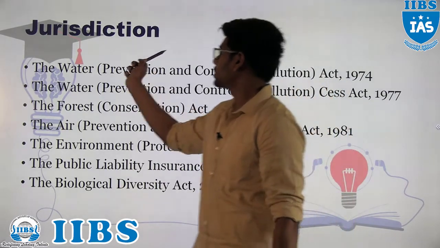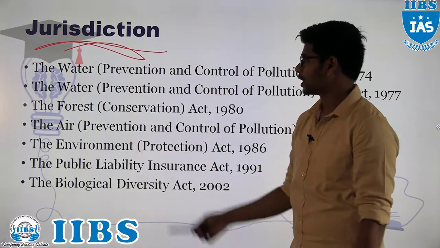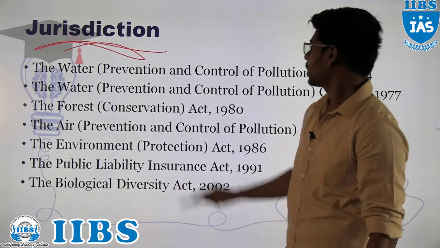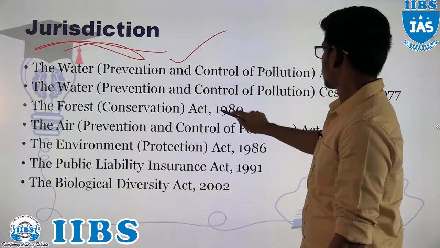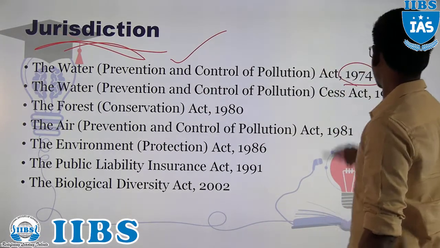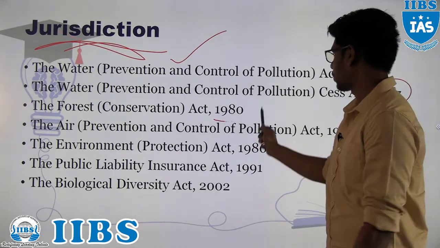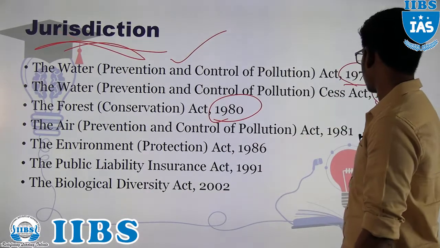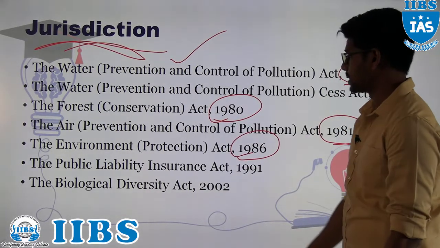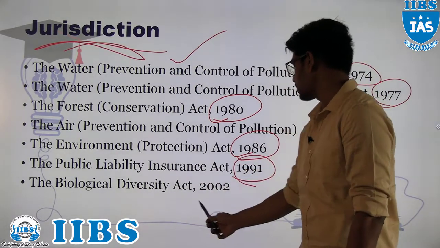Next one, what is the jurisdiction of NGT? When you are talking about the jurisdiction of NGT, there are about 7 laws under the National Green Tribunal. What are they? The Water Act, the Prevention and Control of Pollution Act of 1974 and the Amendment Act 1977, the Forest Act of 1980, the Air Act of 1981, the Environmental Protection Act of 1986, the Public Liability Insurance Act of 1991, and the Biodiversity Act of 2002.